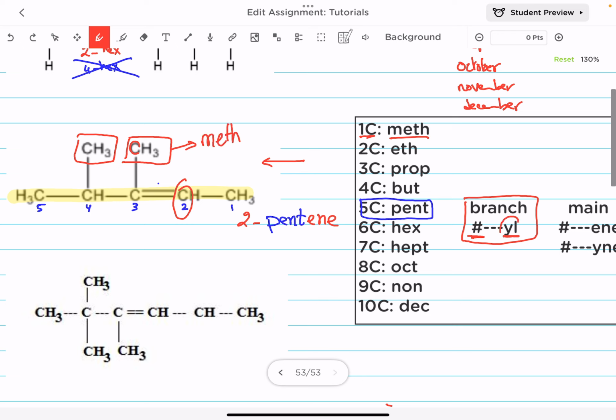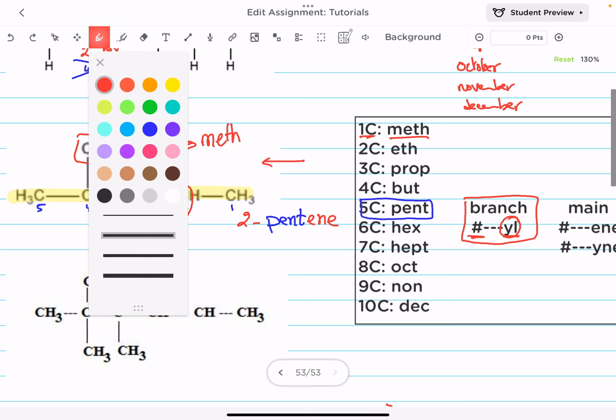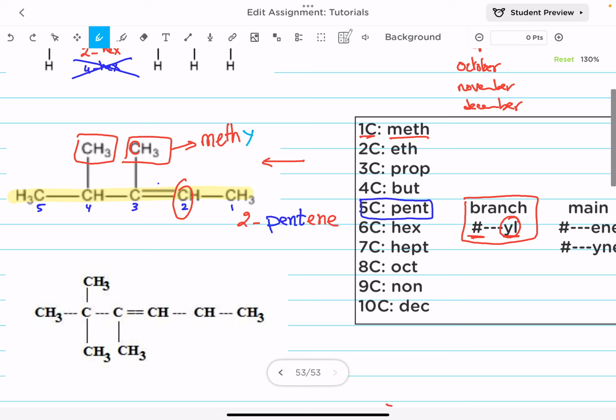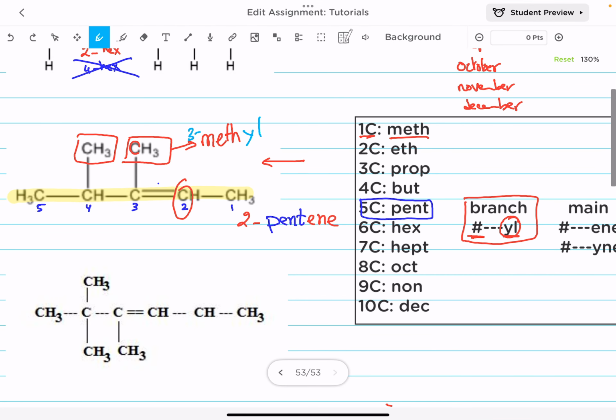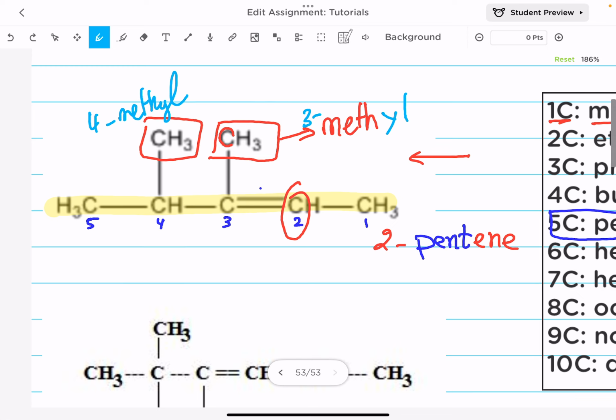And since it is a branch, you are going to add to it YL. So that's a methyl. However, this methyl is on the third. So I say 3-methyl. And this methyl next to it, also a methyl, is on the fourth.